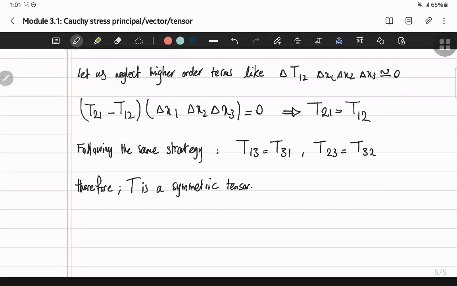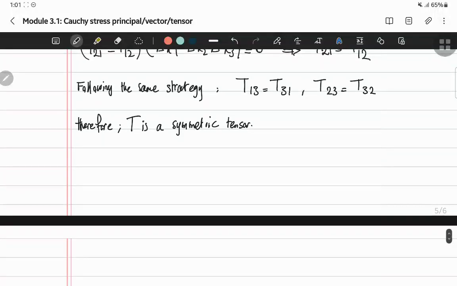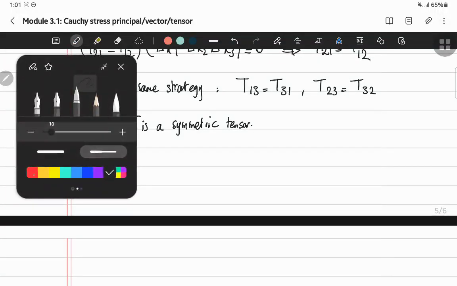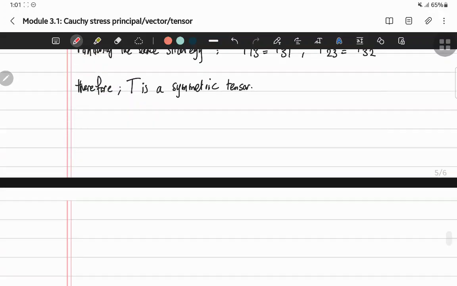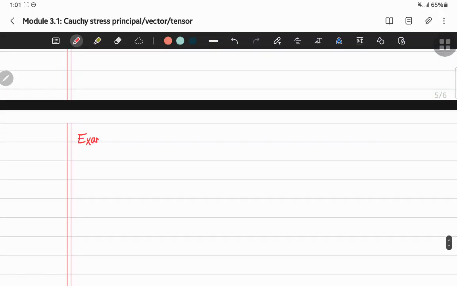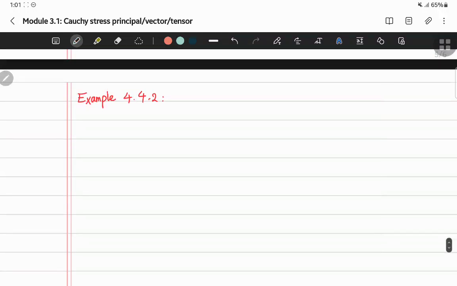All right. So we are basically at the end of this video, but there's something that I would like to mention about example 4.42. Here in this example, we basically have a transformation T, which is 2, 4, 3, 4, 0, 0, 3, 0, minus 1 megapascal.